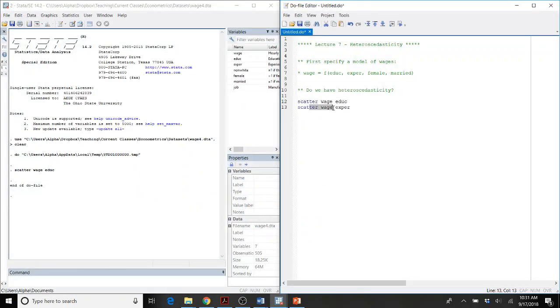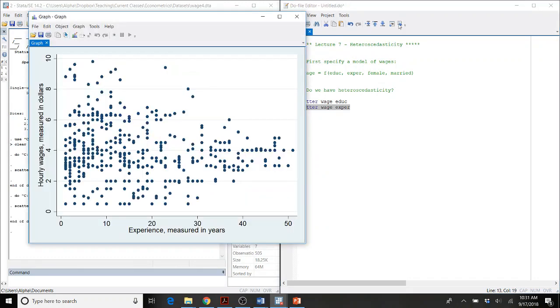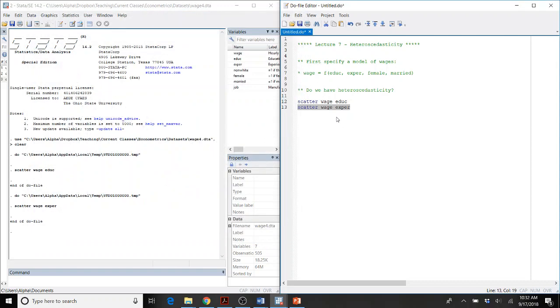All right, what about experience? This one's a little bit less clear, but it looks like there's heteroskedasticity as well. It looks like the variation in wages is smaller when experience is high, and it's larger when experience is low. There's a lot of variation here, and a lot less variation here. And so it looks like we have heteroskedasticity for both education and experience.